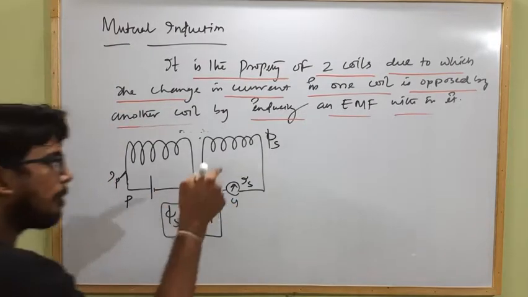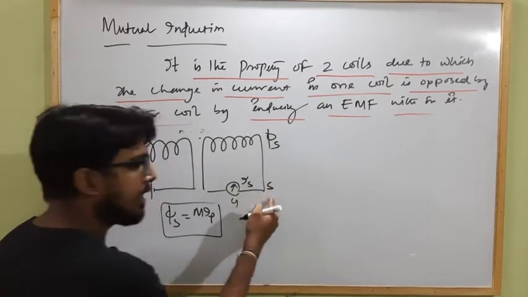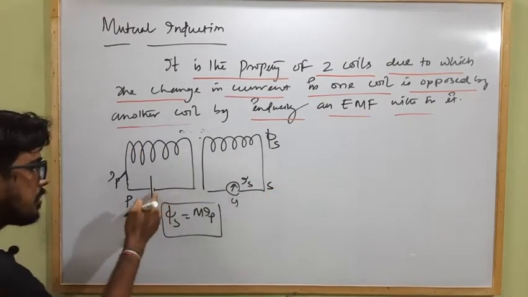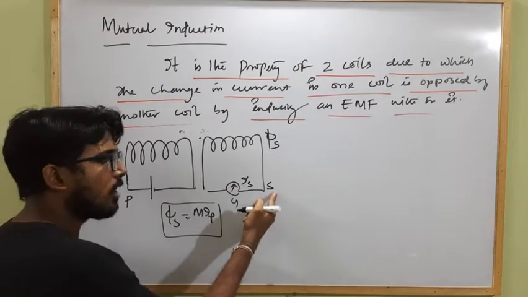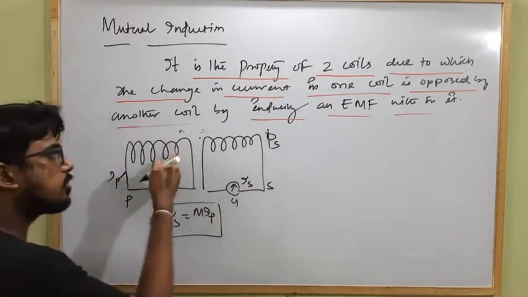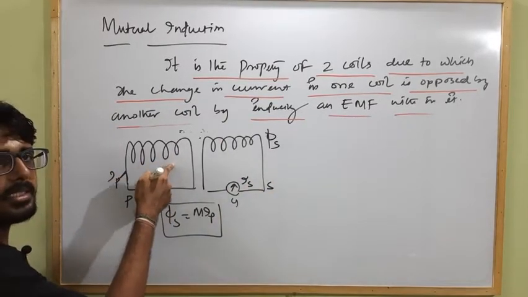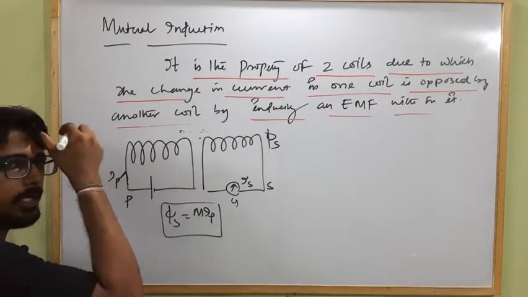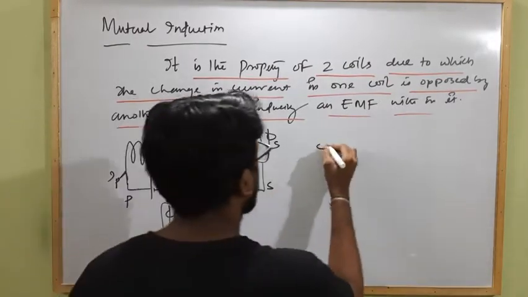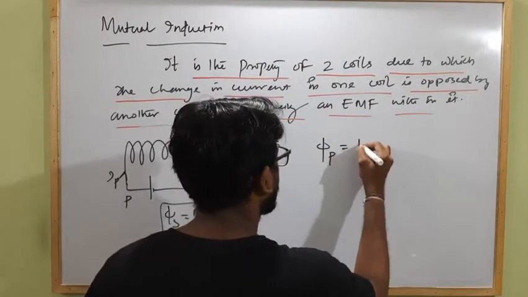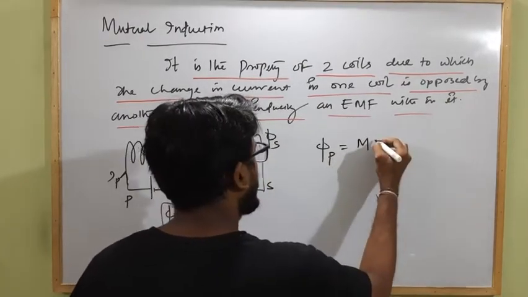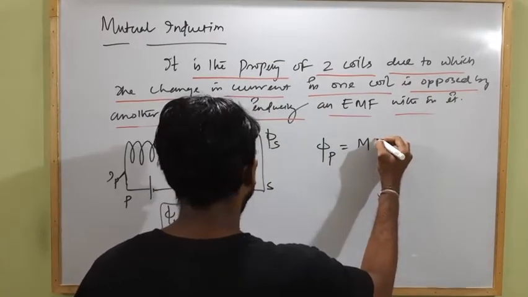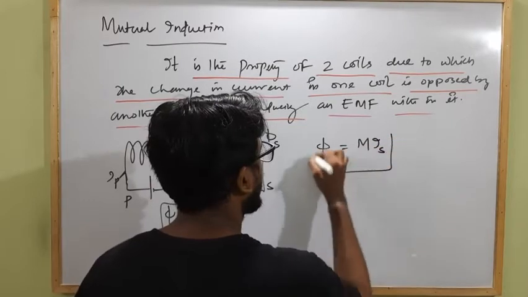Or if we apply current to the secondary coil in place of the primary coil, then also the flux linked to the primary coil changes, due to which an EMF is induced in the primary coil. So we can also write that the flux linked to the primary coil is equal to the mutual inductance of the two coils into the current in the secondary coil.